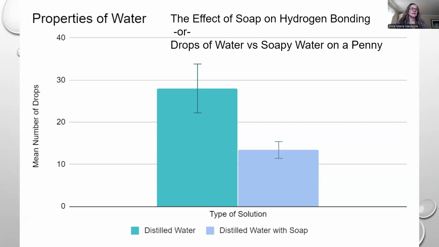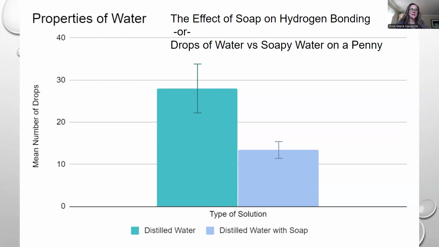We can also see that when we graph our error bars, we're getting no overlap between our error bars. And the most important thing about this lab to understand is that when error bars do overlap, you cannot say that there's a difference between your two data sets. But in this case, we do not have the error bars overlapping.